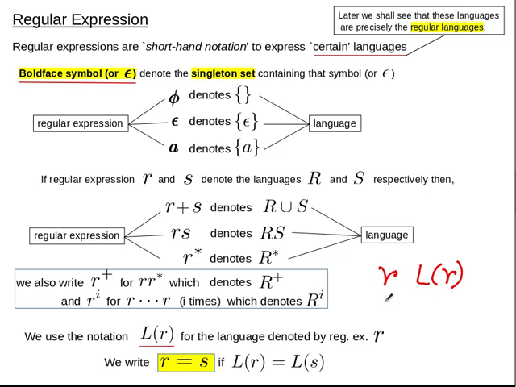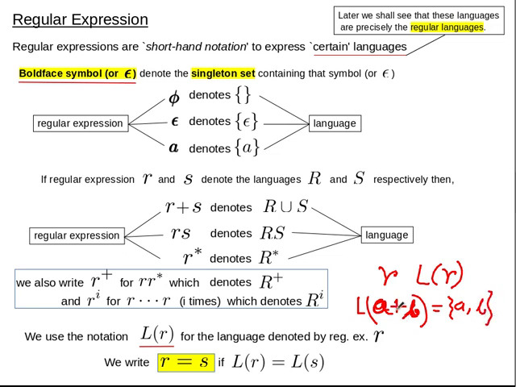So for example, say a plus b, with boldface A and boldface B. I should rigorously say that L of this is equal to the union of this and this, which is {a, b}, right?